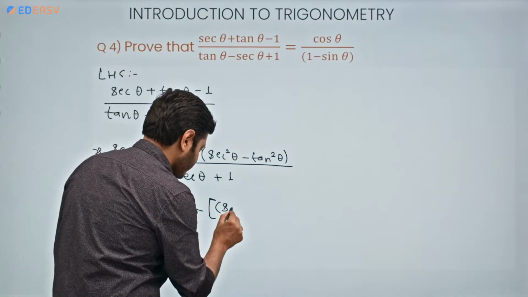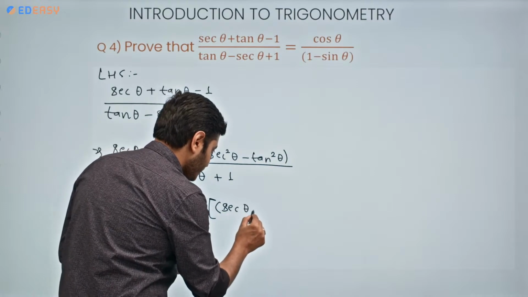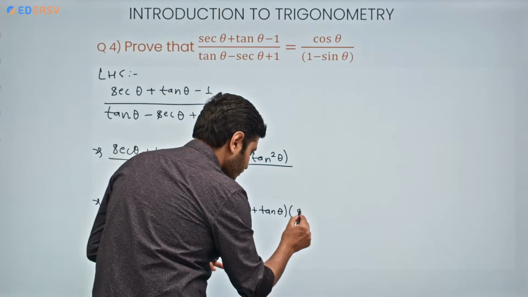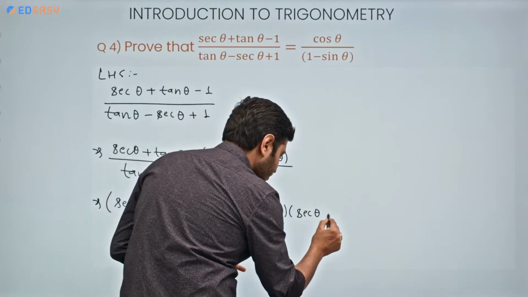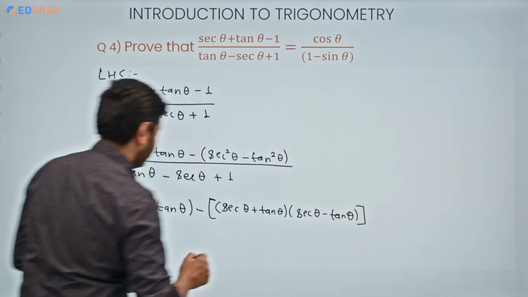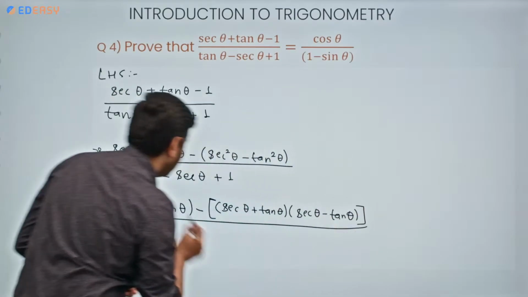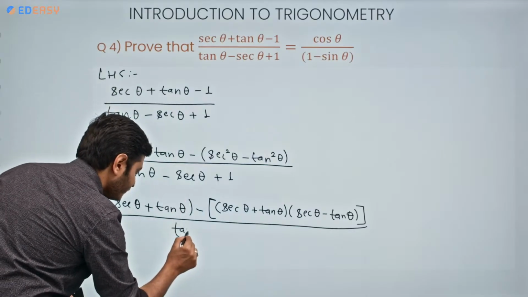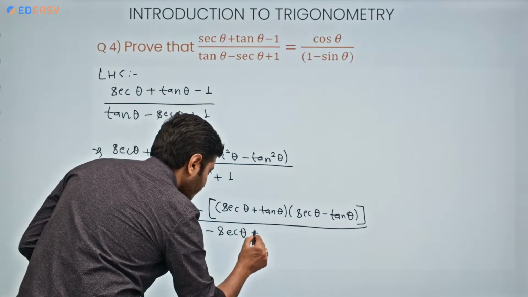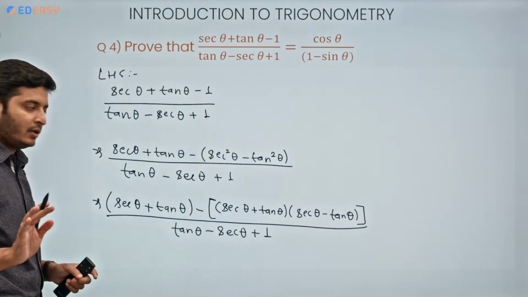So secant theta plus tan theta and secant theta minus tan theta, divided by tan theta minus secant theta plus 1. Correct?